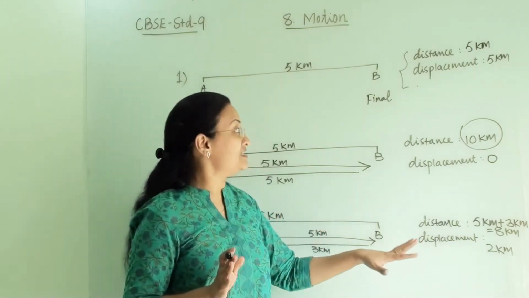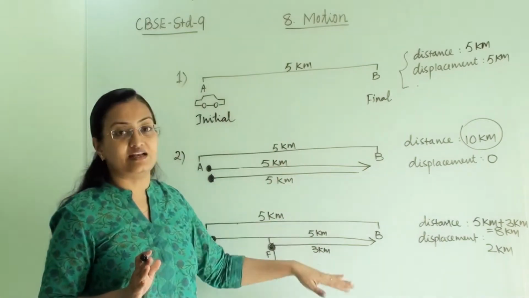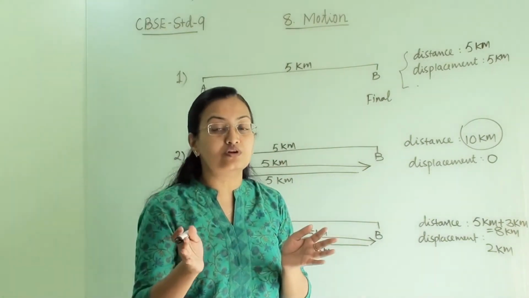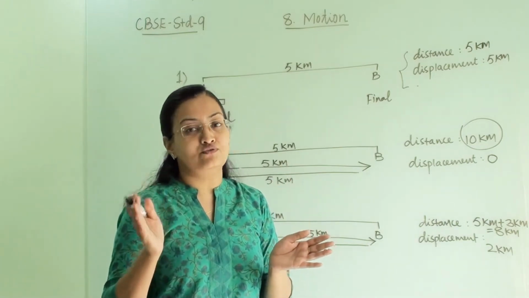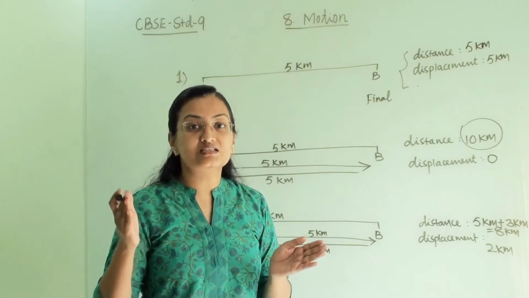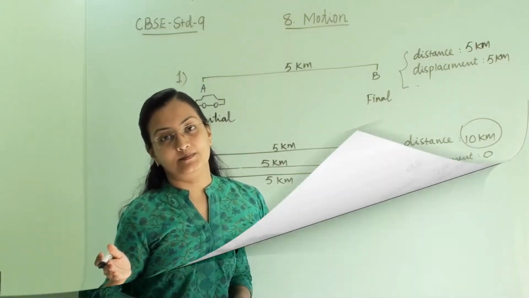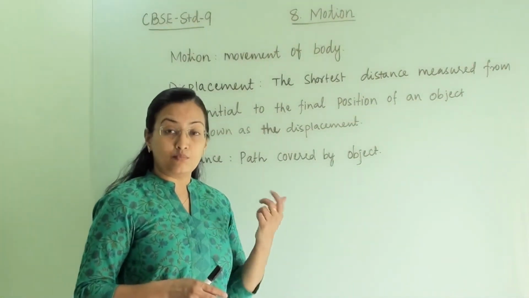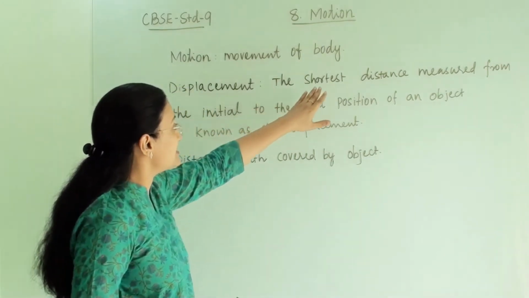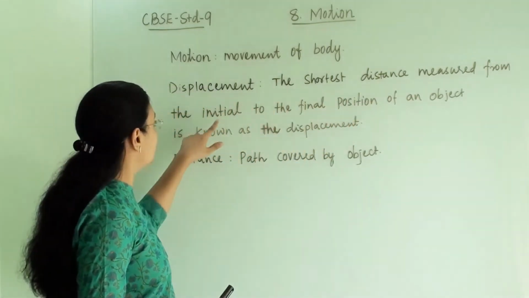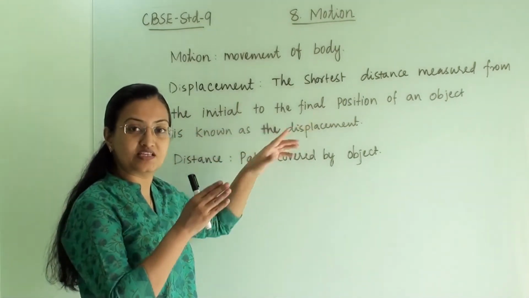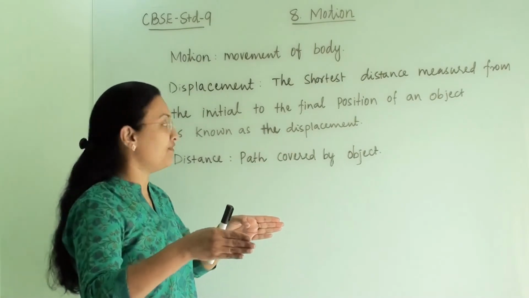So this is the basic difference between distance and displacement. Displacement is how much the body has moved from initial position to final position, and distance is the actual distance travelled by a body. So as per our above three references, displacement will be the shortest distance measured from the initial to the final position. Displacement is always from the initial point to the final position.